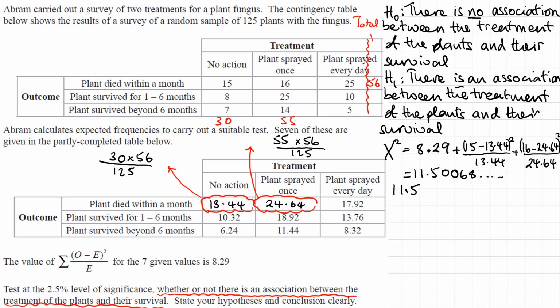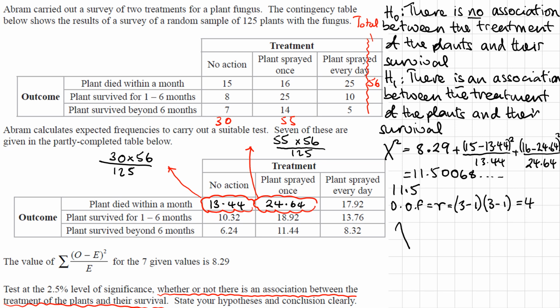We now need to look up our critical value, which means that we need to know the number of degrees of freedom. We have no expected values less than 5, so we don't need to combine any columns. So we take the number of rows minus 1 times the number of columns minus 1. That's just going to be 2 times 2, so we have 4 degrees of freedom.